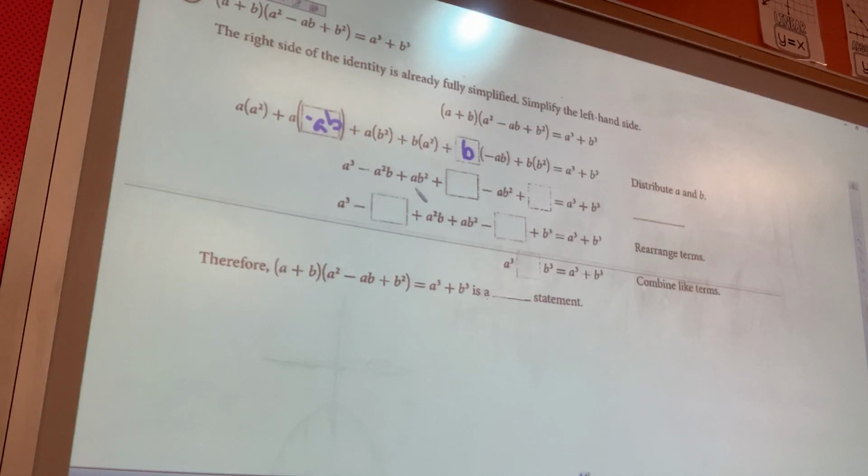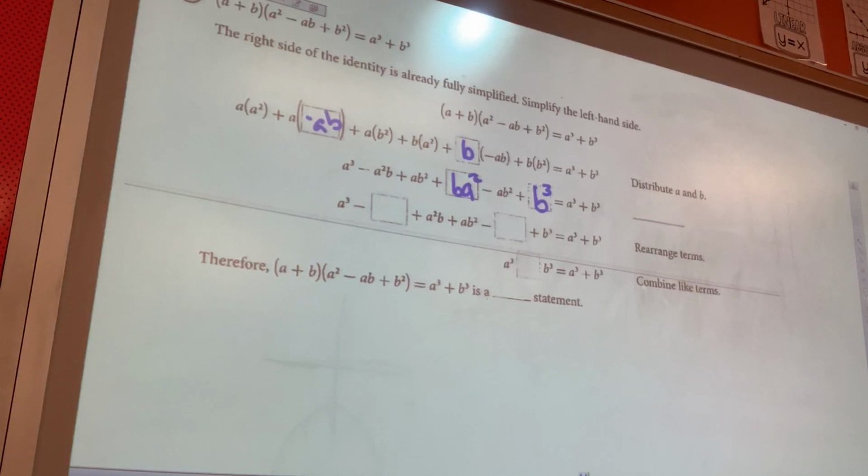This is ab squared. This is b a squared. This is negative a b squared plus b cubed. You're always going to have the same exponents on the end when you have this kind of binomial times a trinomial. A cubed, let's see what we can combine.